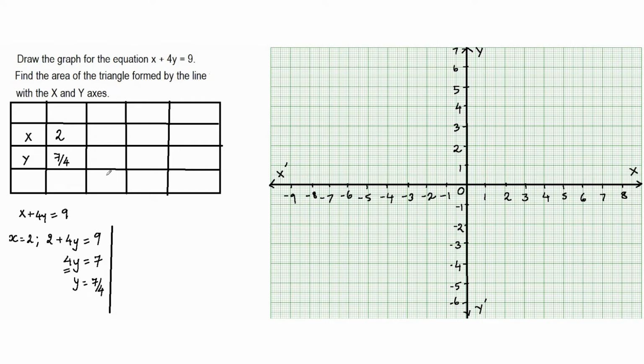The reason for that is, if I want to plot this particular point in decimals, x is equal to 2 and y is equal to 1.75, since 7 by 4 is 1.75. So if you try to plot this particular point, x is 2 and y is 1.75. So this is 1.5 and 1.75 will be somewhere over here, right, between 1.5 and 2.